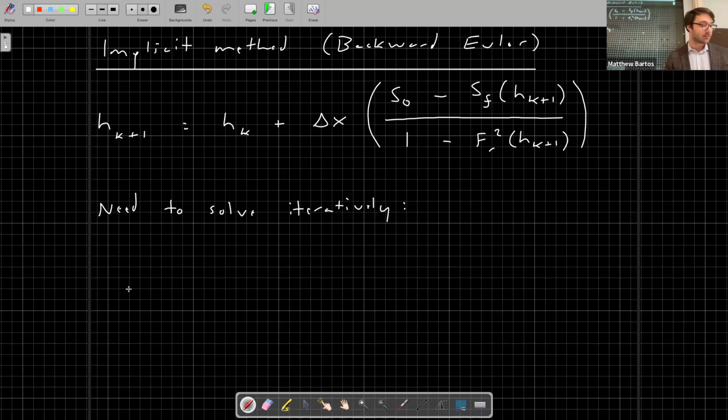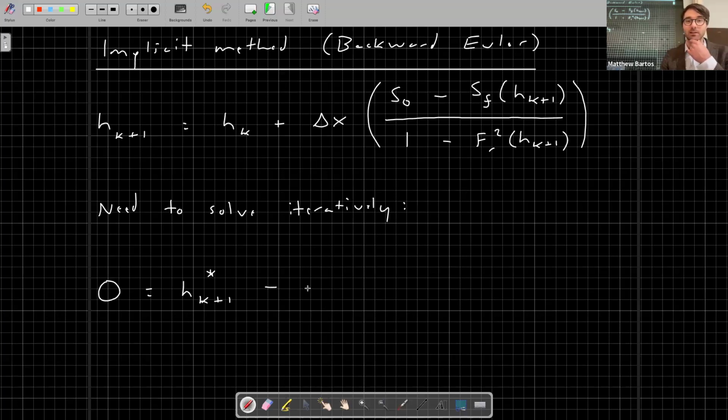So we'll be wanting to set the equation that we're interested in solving to 0. And what we're going to do is take a trial value, hk plus 1. I'll call this hk plus 1 star. And we're going to subtract our computed value for hk plus 1.